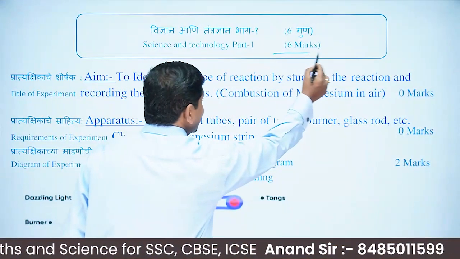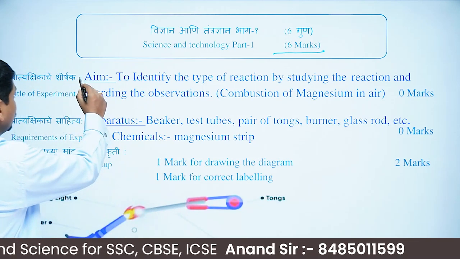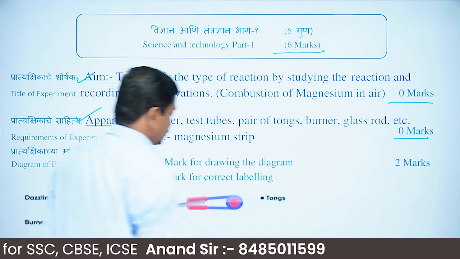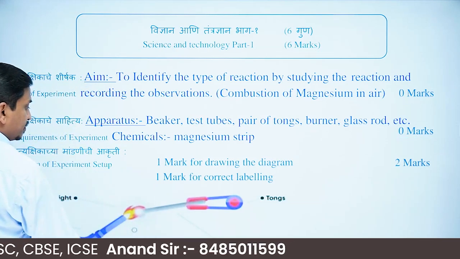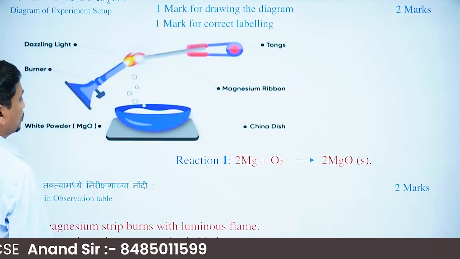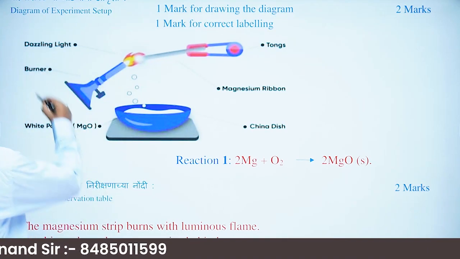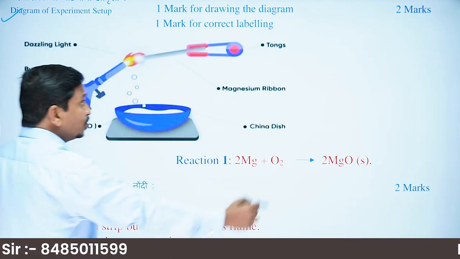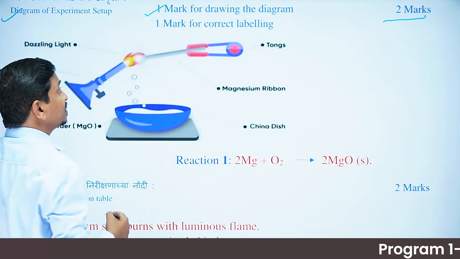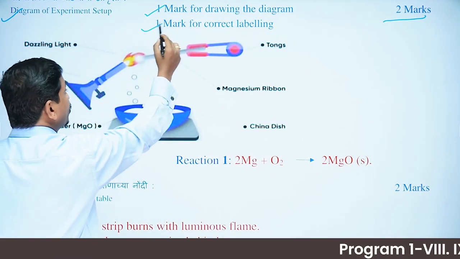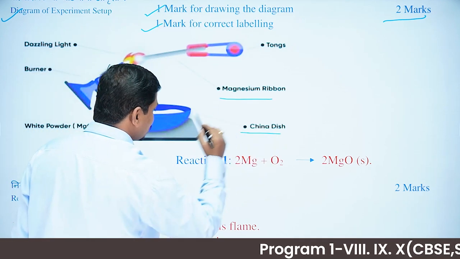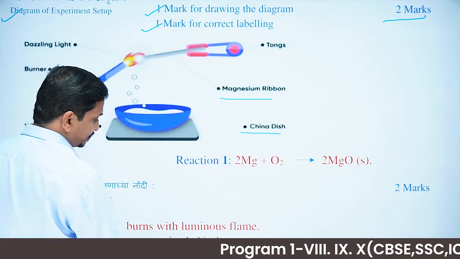For this practical, you will get 6 marks. For aim and apparatus, you will get 0 marks. For diagram, you will get 2 marks. 1 mark for drawing the diagram technically correct and 1 mark for labeling. So for labeling any 2 apparatus, you will get 1 mark.